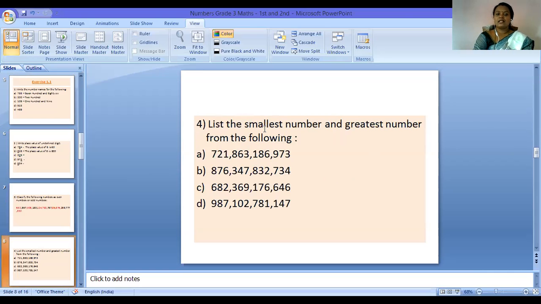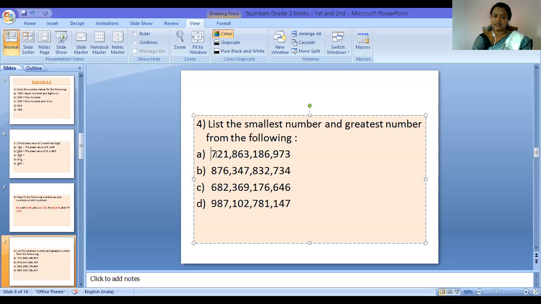So let us list out the smallest number and the greatest number from the following. When we identify the smallest and greatest, we first of all start from the left side. So in the first question, 721, 863, 186, 973, you see here the hundreds place is 7.